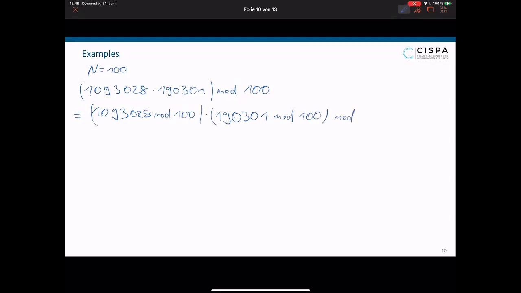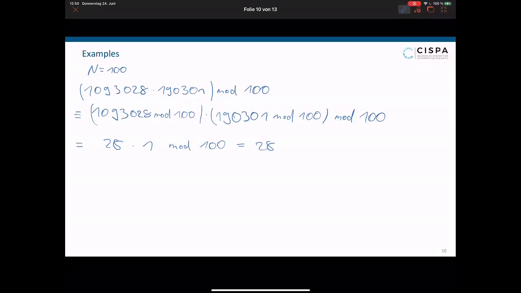Then again, since we form congruence classes, I again need to reduce modulo 100. But what's that? I'm conveniently reducing modulo 100, right? That means I can just drop anything from the second digit onward. So this is 28, and this is 1. So 28 times 1 mod 100. This is just 28, right?